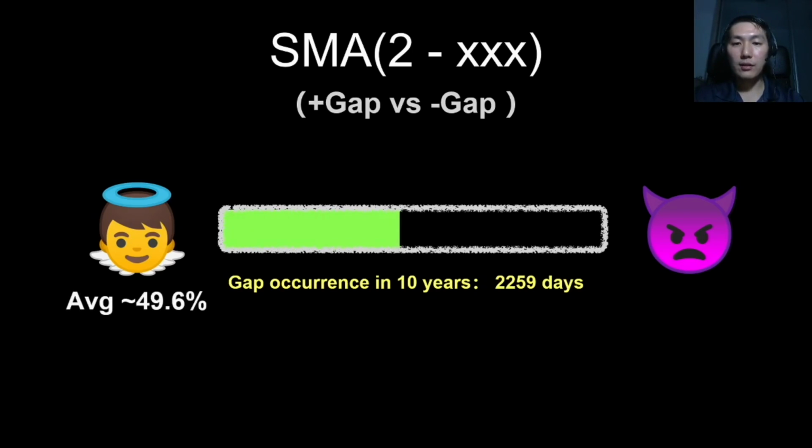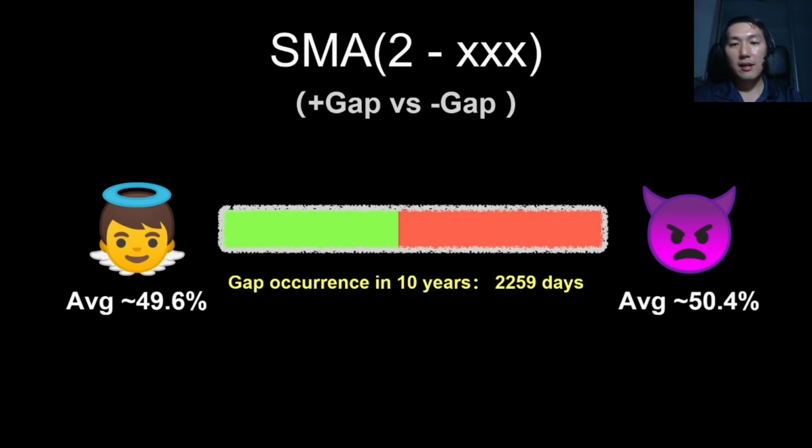So here we found out that there are 49.6% of the time where gaps are actually making money, which is represented by the positive gaps. And there are 50.4% of the time where gaps are actually losing money, which is represented by the negative gaps.